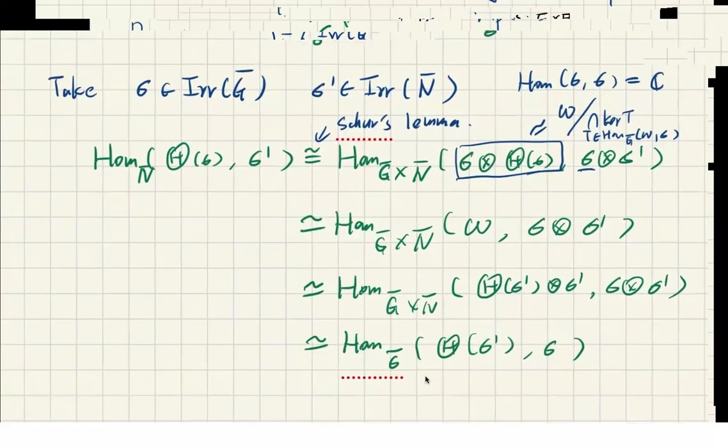So this is a seesaw identity, which says that the intertwining space from the big theta sigma to sigma prime is naturally isomorphic to the intertwining space from the theta lift of sigma prime to sigma.